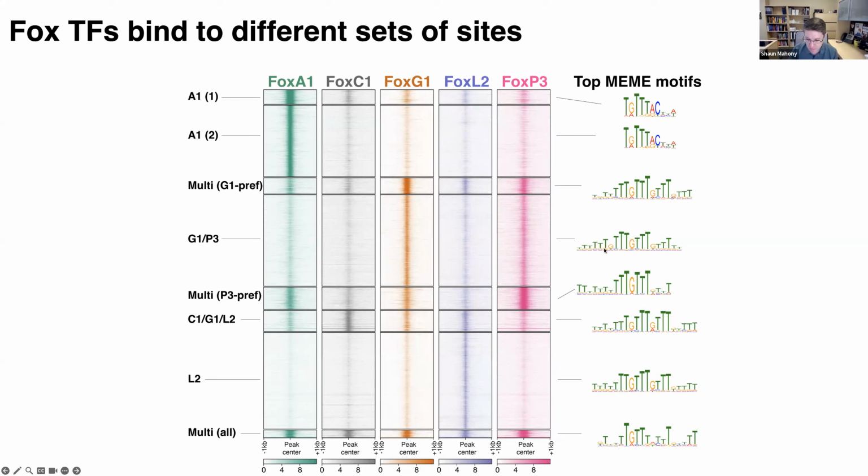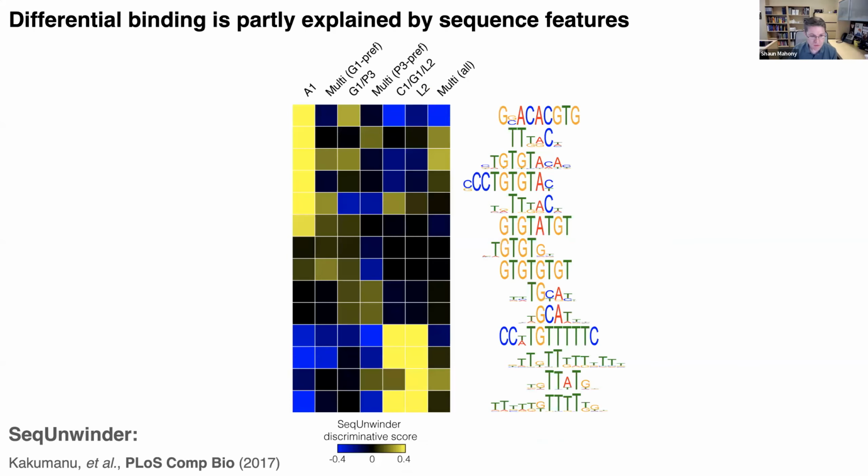We can dig a little bit deeper using discriminative motif finding approaches, such as the SeqUnwinder platform that we published a few years ago. When we look for k-mers or motifs that are discriminative between these different clusters of sites, we do find some.